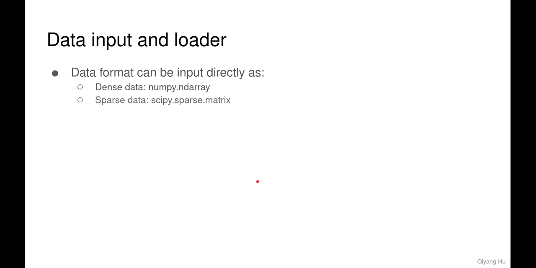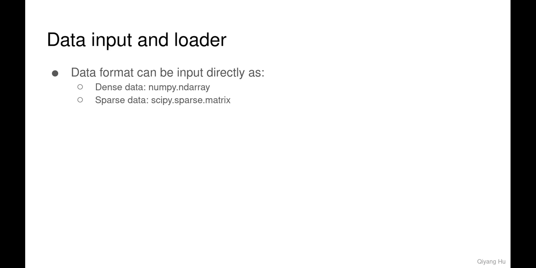If your data have a lot of zeros, which we call sparse data, then you can input scipy.sparse, in the COO coordinate format. That is no surprise.